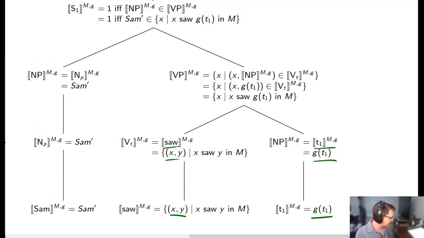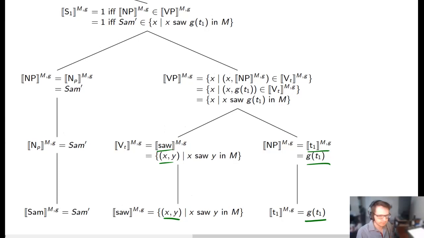And now, when we go up to our verb phrase, it's looking the same as before. We're taking our object, in this case, the noun phrase, and we're substituting it in for the object position. So when we take a look at our pair, we're now just looking for subjects.